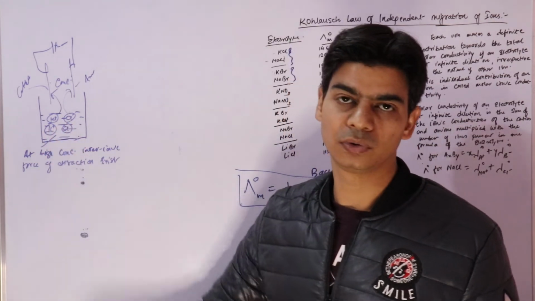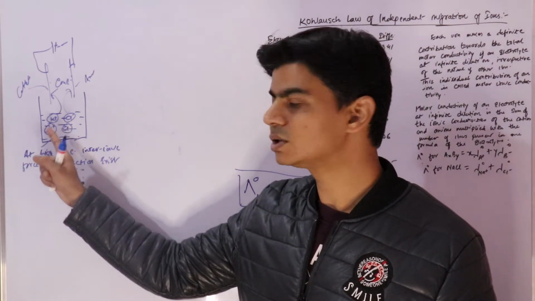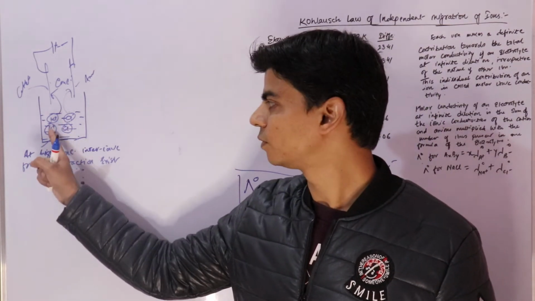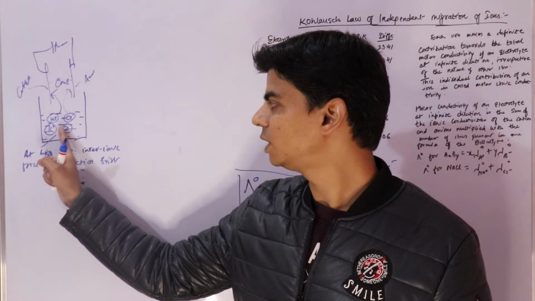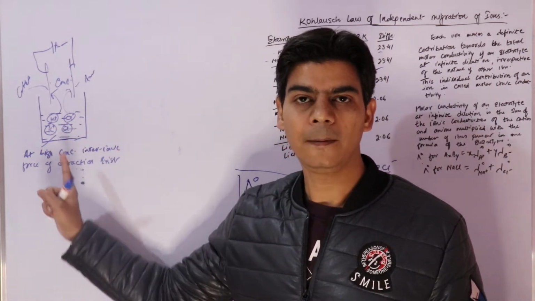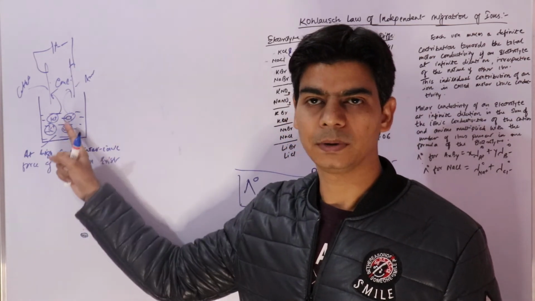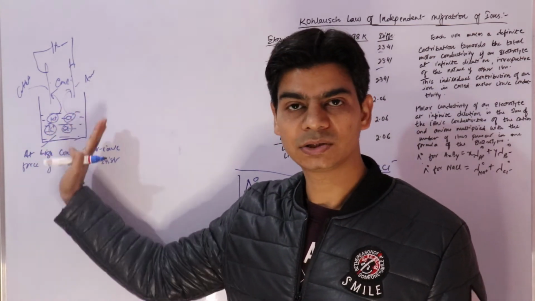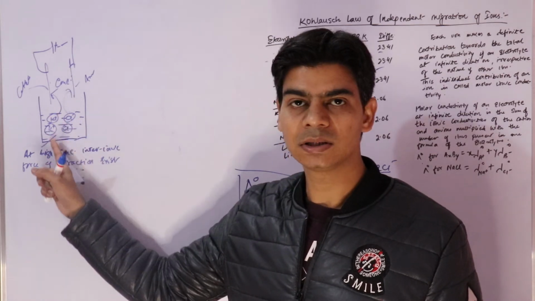So there is interionic force of attraction and their motion is not independent of one another. It depends on the interionic force of attraction, and due to this force, the motion is hindered, or the migration of ions is retarded.